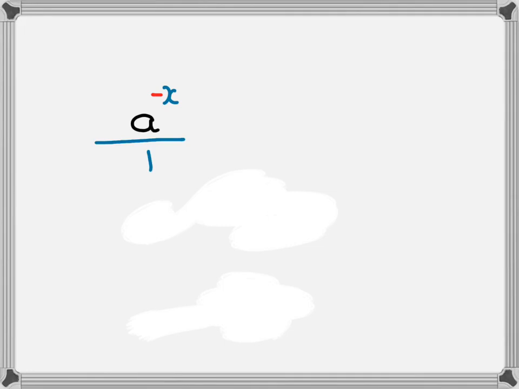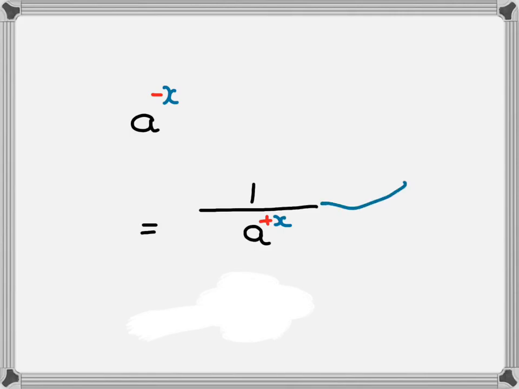Now the law is that if it's got a negative exponent, we're going to put it under the numerator as a denominator and turn it into a positive exponent. So we write a to the minus x as a to the plus x by putting it under a numerator of 1. So basically we just took what we had, which was a over 1, and we put it as 1 over a, bringing its exponent with it.